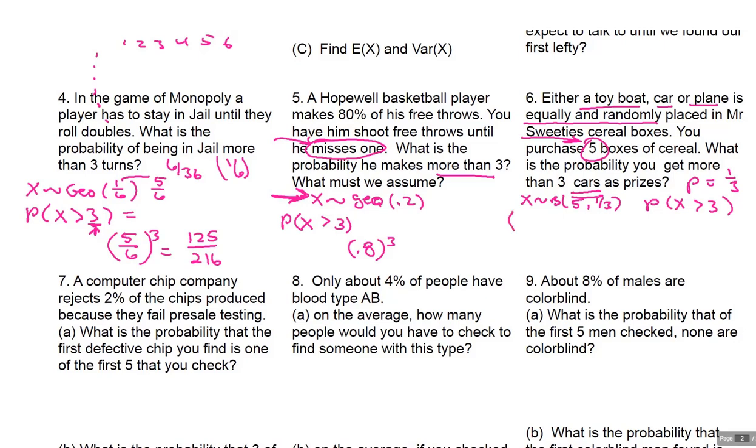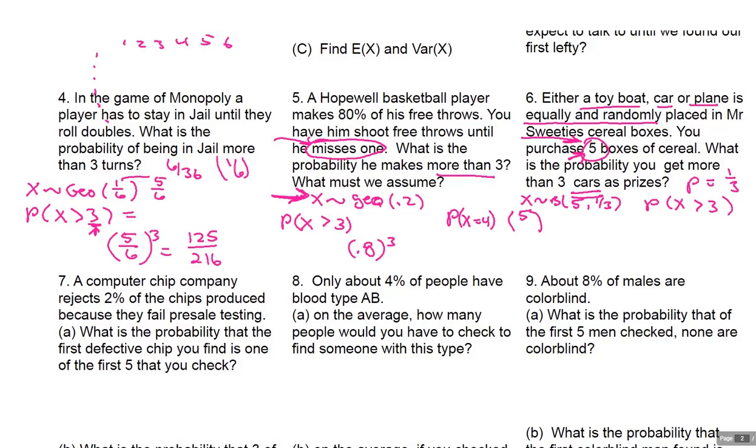How do I find the probability of 4? What goes on the top of my choose? 4? How many boxes did I get? 5. The number of trials always goes on top.